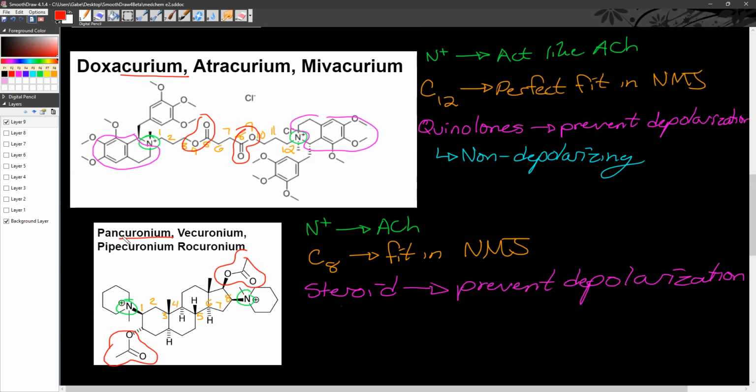So all of your curoniums are longer acting than your curiums, purely because you don't destroy the drug if you remove an ester. So hopefully that makes sense.